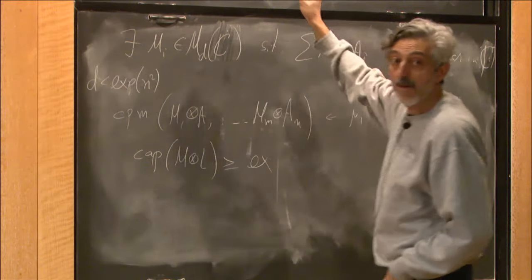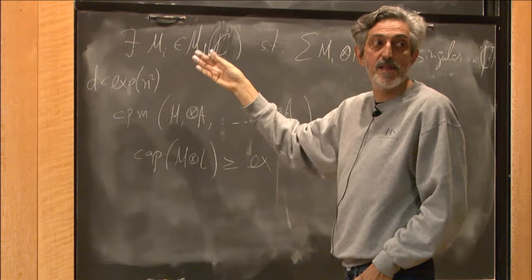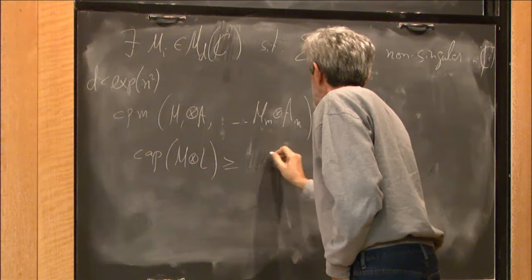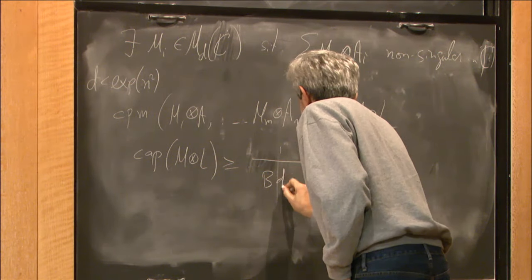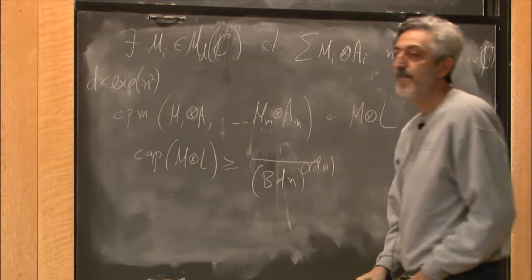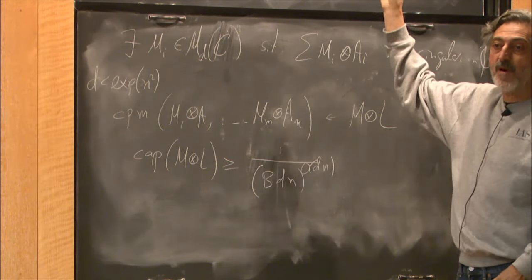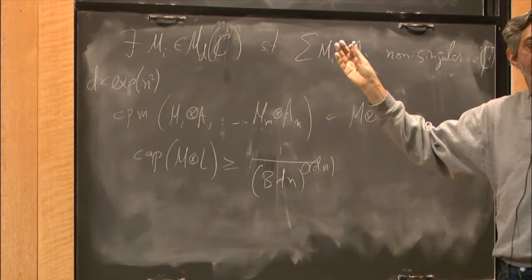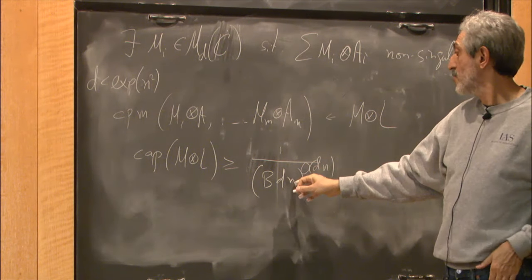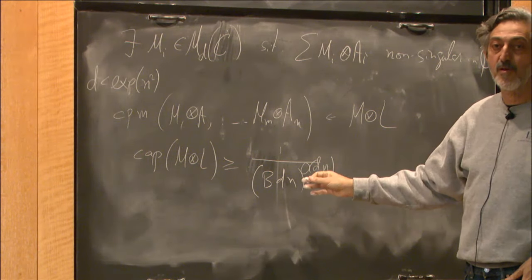I'm applying the very bound that Gurvits has, only with a new parameter. This is nd by nd, as 1 over (dn) to the order dn. Right? I just substituted dn for n over there. We are in a much bigger space, exponentially bigger. And clearly, this is not going to be enough for us because this exponential is like doubly exponentially small.